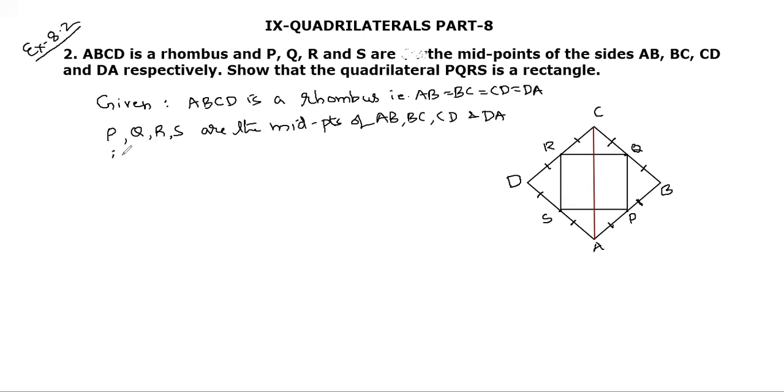That is, if P is the midpoint, AP will be equal to PB, because P is the midpoint of AB.